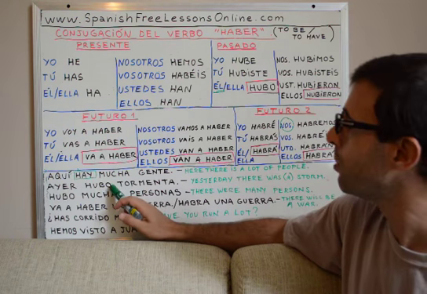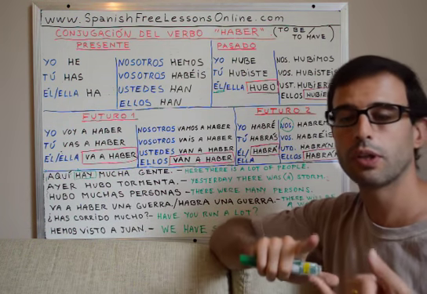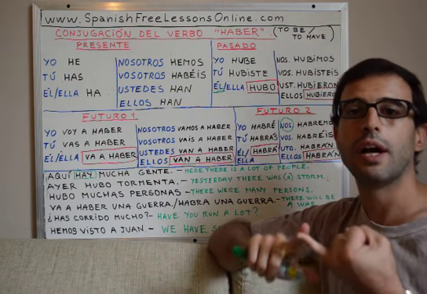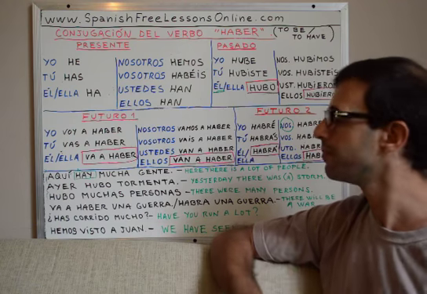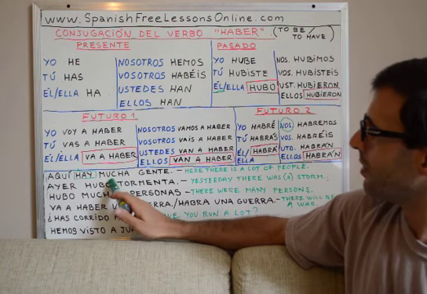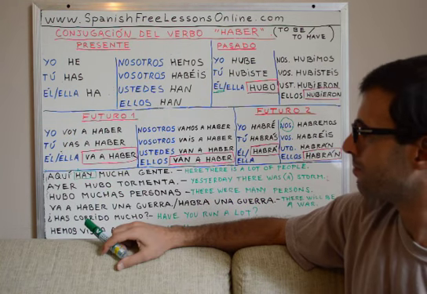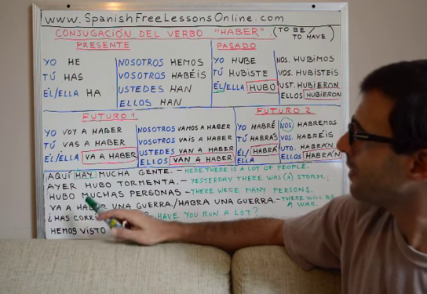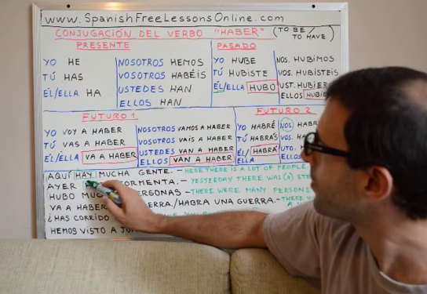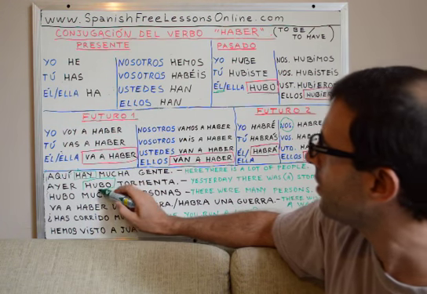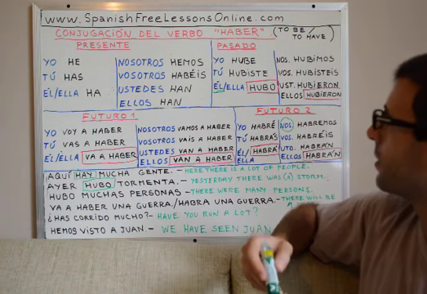So we omit the article. And when I say we omit the article, I mean we don't use neither a definite article nor an indefinite article, right? As here, we totally omit the article. And here, look at this. Hubo means there was, right?